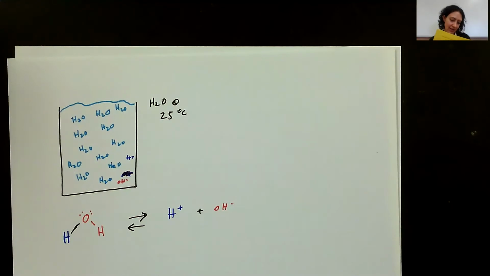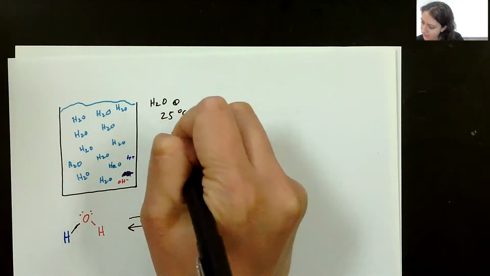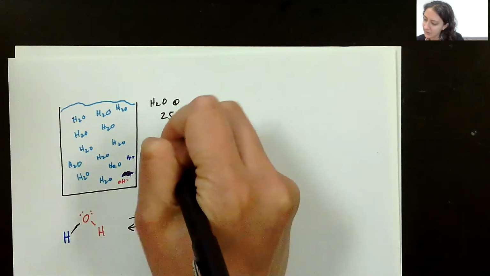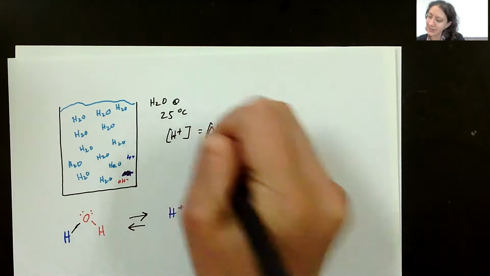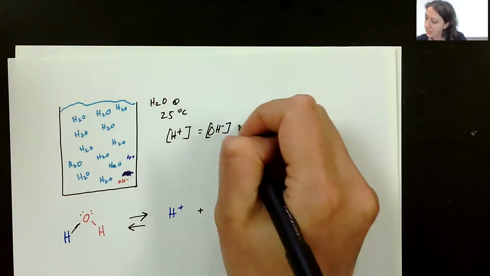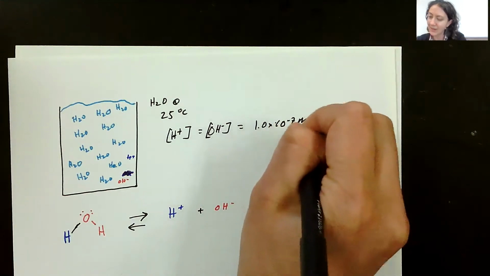Yeah, this process happens so that the concentration of the H plus ions, which is what these little brackets mean, which is also equal to the concentration of OH ions at any given moment for pure water, is equal to 1.0 times 10 to the negative 7th molarity.